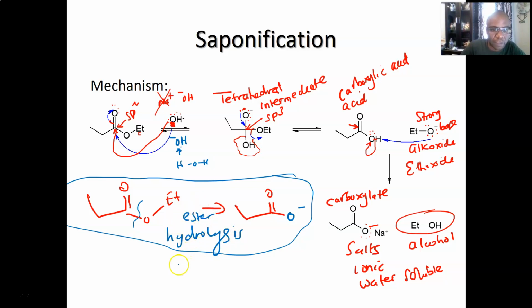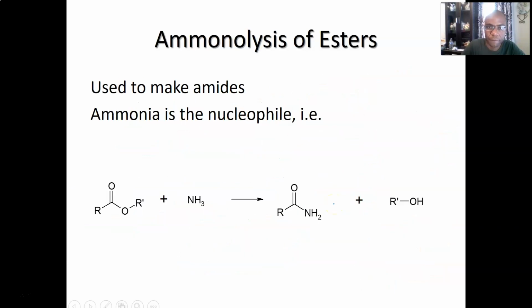And it's base catalyzed, so it's saponification. Saponification. And also you're making soap. That's why we call it saponification. It's not supposed to be reversible, especially the last step is not reversible. So we prefer using base catalysis rather than acid catalysis, which everywhere would have been reversible.